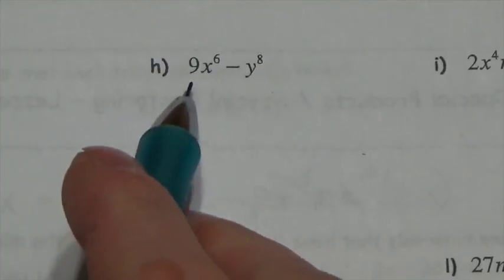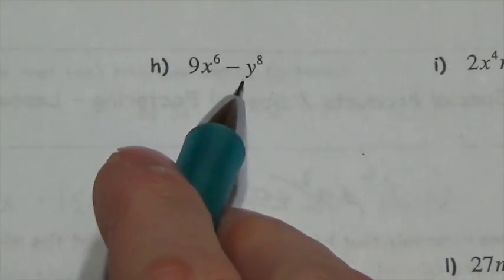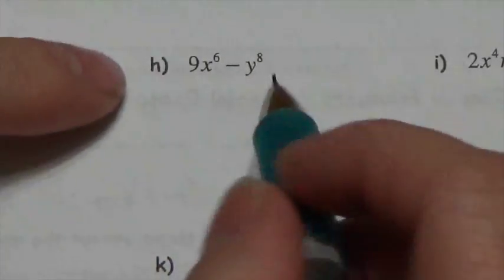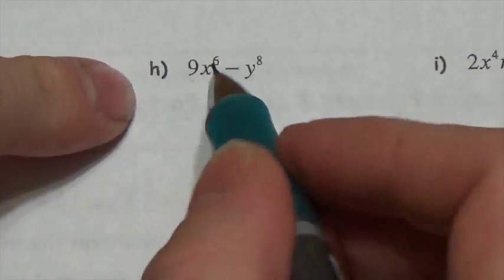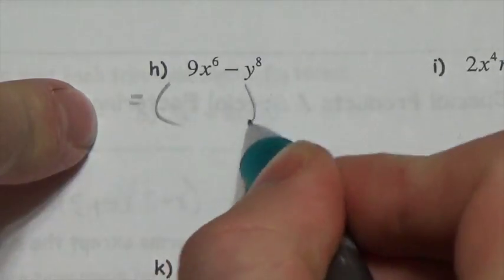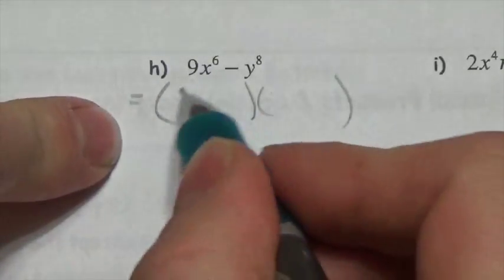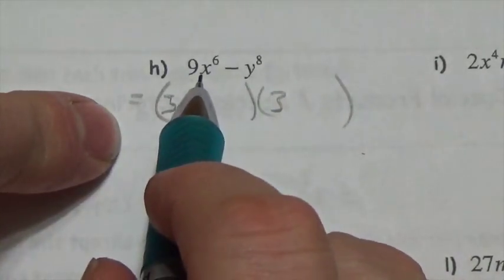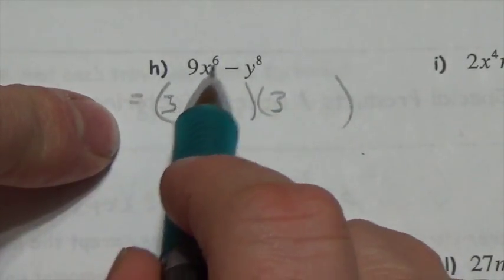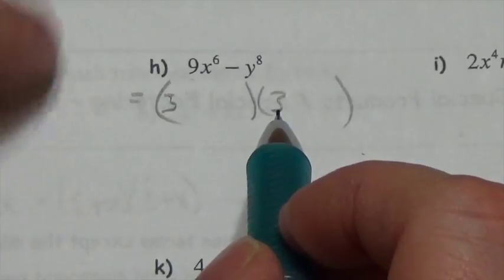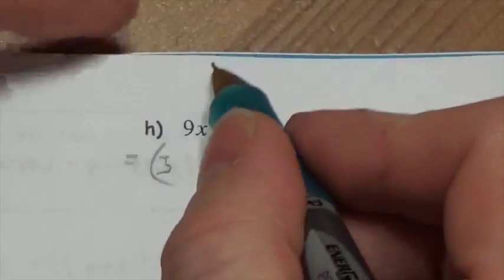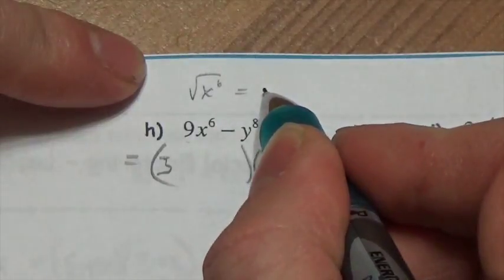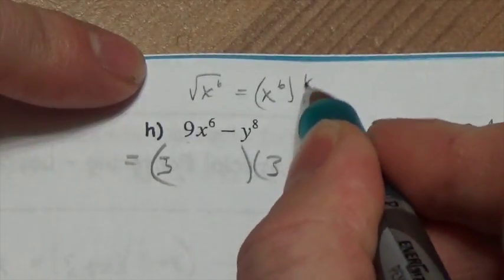Okay, now let's take a look at this one right here. 9x to the 6th minus y to the 8th. Now, it might not be obvious right off the top that this is actually a difference of squares, but in fact it is. 9 obviously breaks down into 3 and 3. That's not the issue here. Now let's just think about this. What would the square root of x to the 6th be? If you remember, a square root would be the same as x to the 6th all to the 1/2.